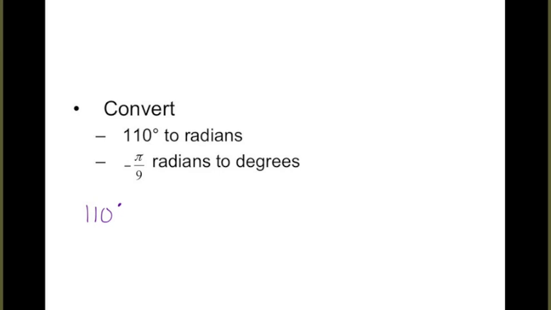In the first example here, 110 degrees, we're beginning with degrees, so we put the degrees on the bottom of the fraction. You put on the bottom the unit that matches the original question, because then they will cancel and we'll be left with the other one.